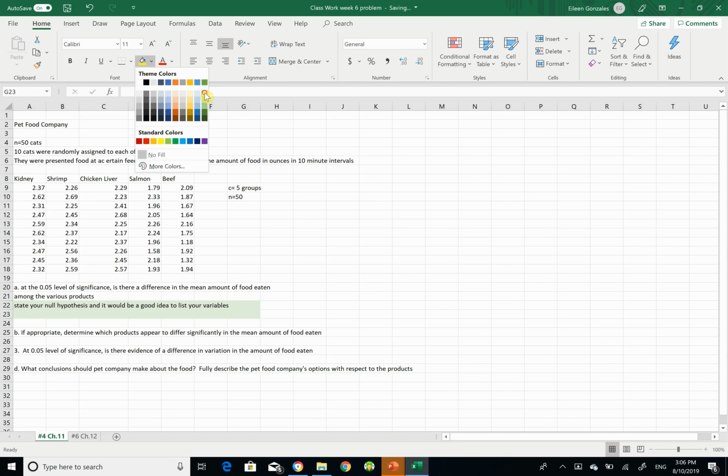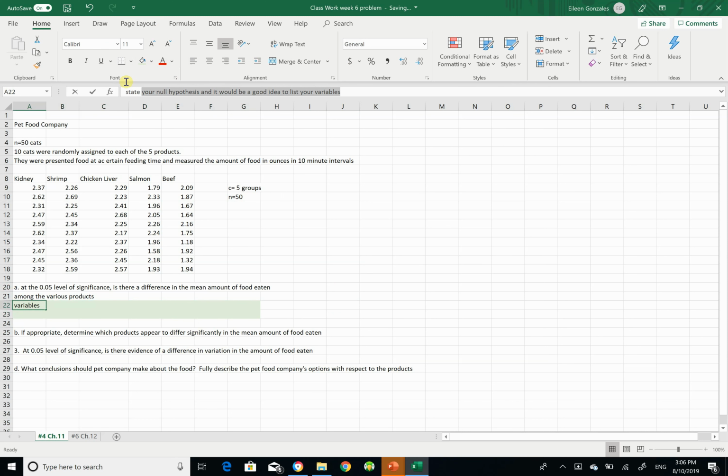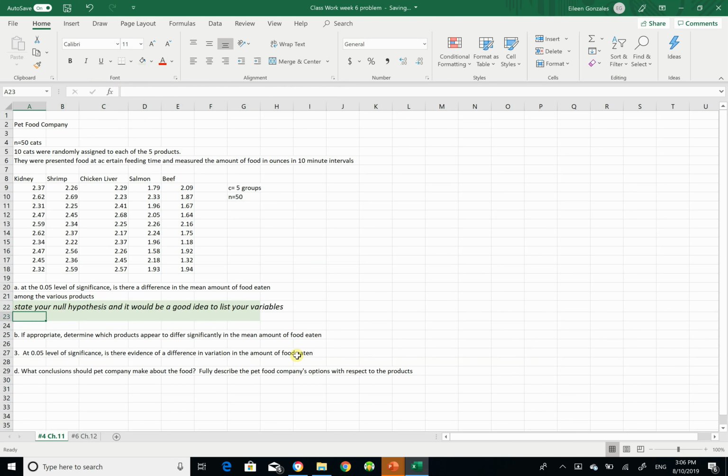I can know what you're working with, but it would be good to know that you know what you're working with. I'm just changing some of this information around, and then that way you know the difference between what I'm writing and what the directions are.